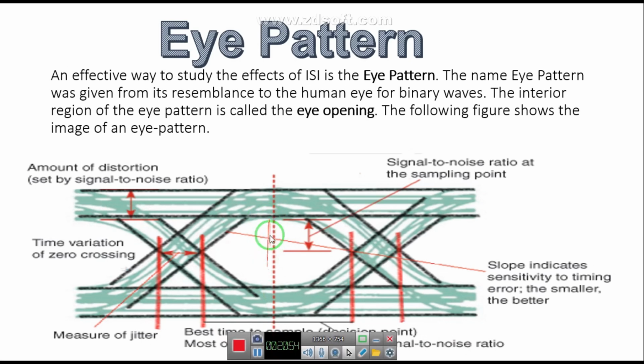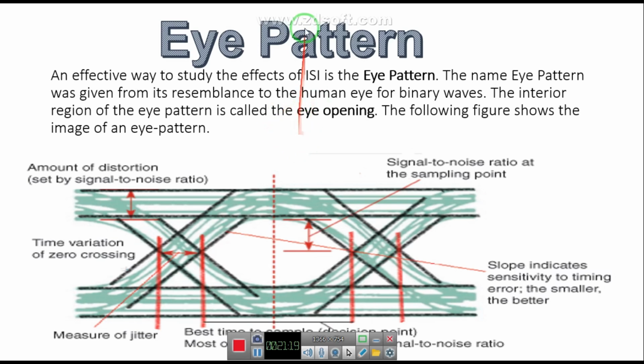Most open, widest. Now the sensitivity of this system to this timing error is determined by the rate of closure of the eye, as the sampling time is varied. So the height of the eye opening at a specified sampling time defines what?